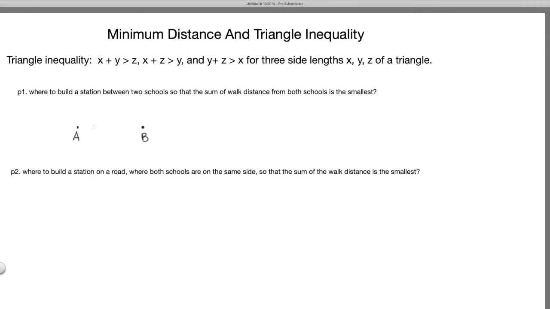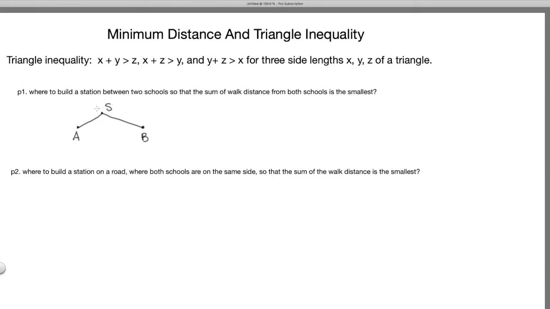And we want to build a station somewhere in this neighborhood, let's call it S, so that the sum of the distance between A and S and between B and S is as small as possible. Where should we build this station S?